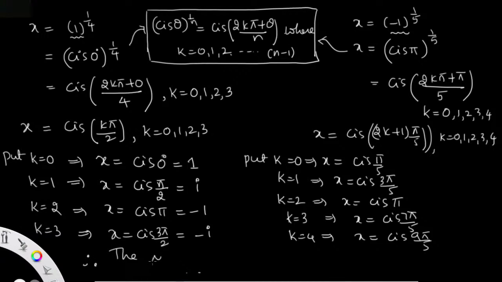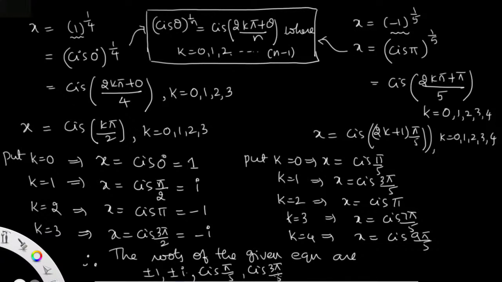So therefore, the last step is very important in the question. What are the roots of the given equation? Totally we got 9 roots. We have to write plus or minus 1, plus or minus i, and all of this as it is: cis pi by 5, cis 3 pi by 5, cis pi, which is repeated, cis 7 pi by 5, and cis 9 pi by 5.